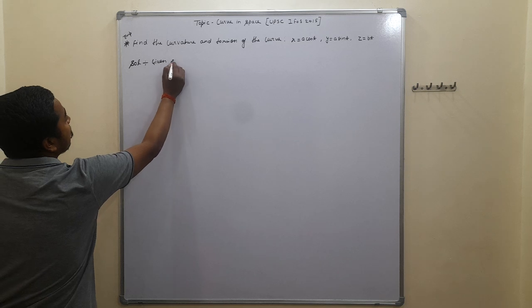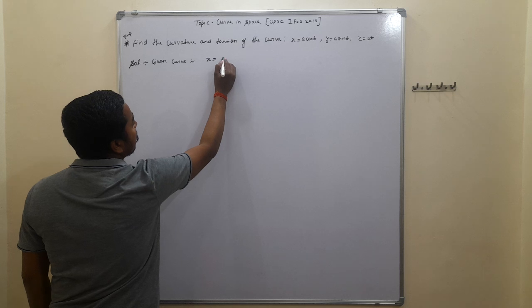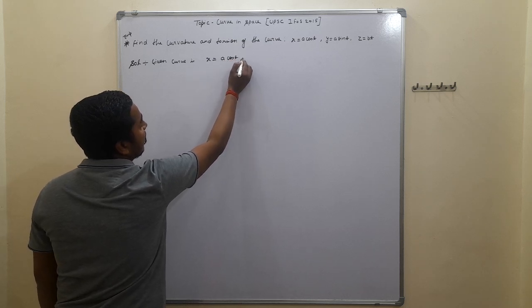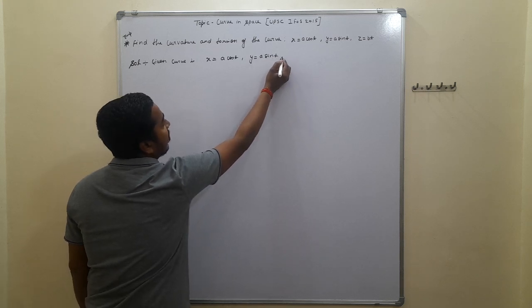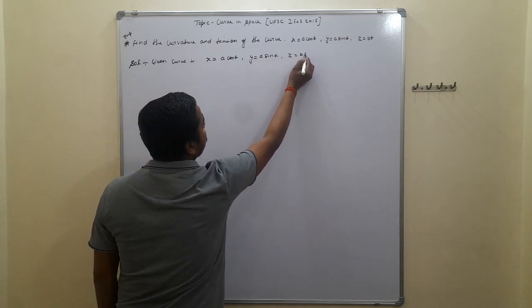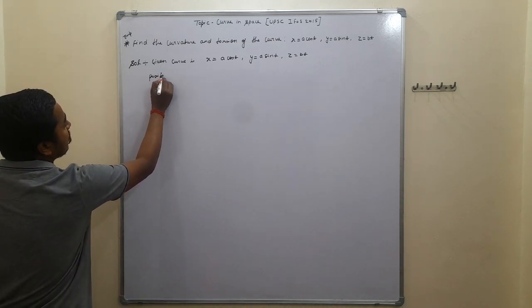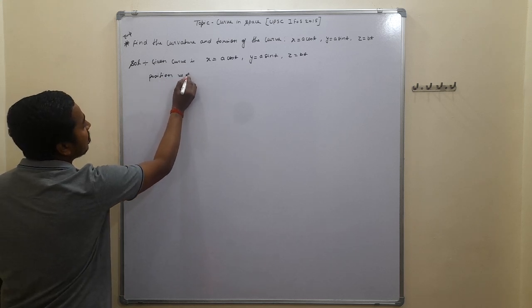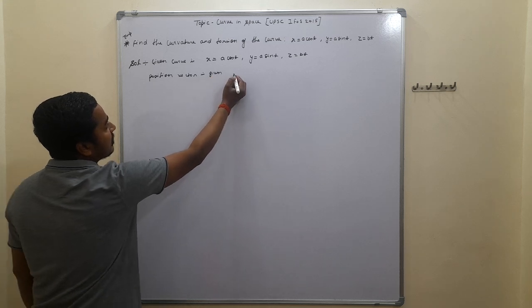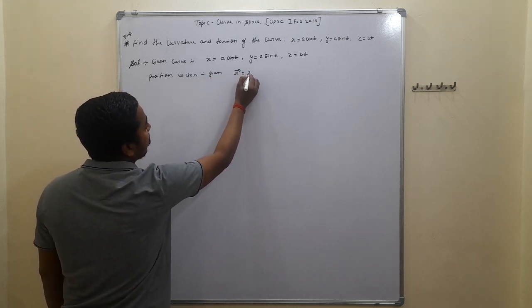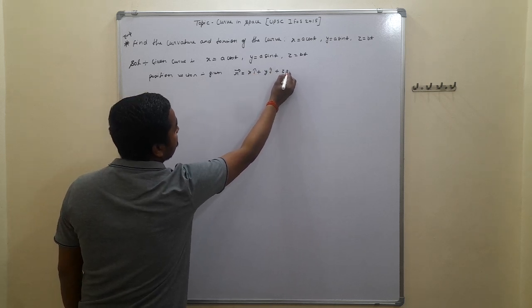The given curve is x equals a cos t, y equals a sin t and z equals bt, and the position vector is given by r vector equals x i cap plus y j cap plus z k cap.